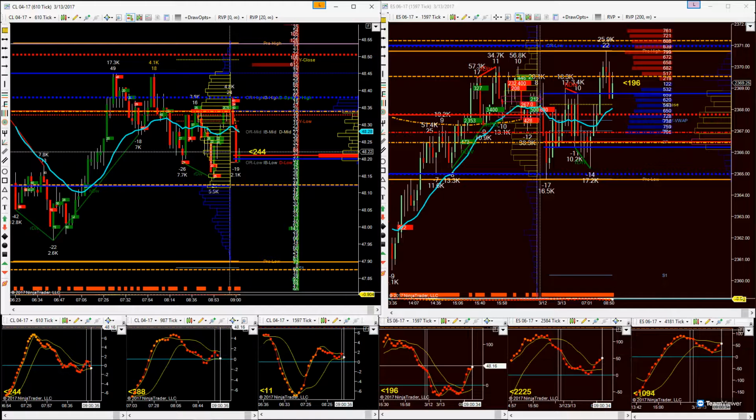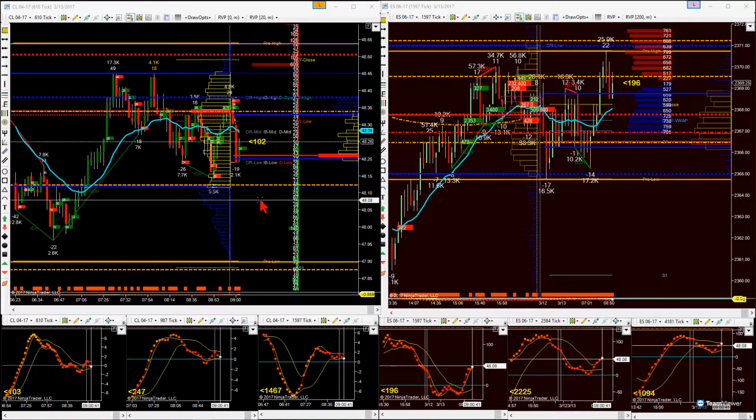Pushing down towards this swing here. There's a VPOC down there, a naked VPOC at that 48.12 area.